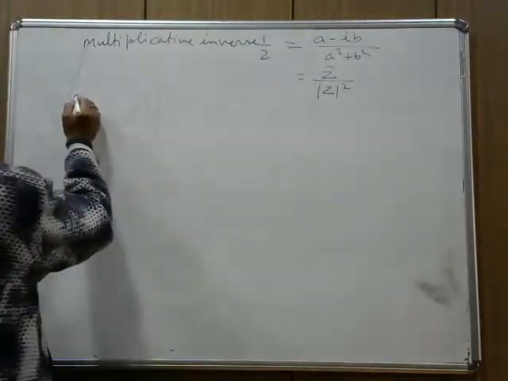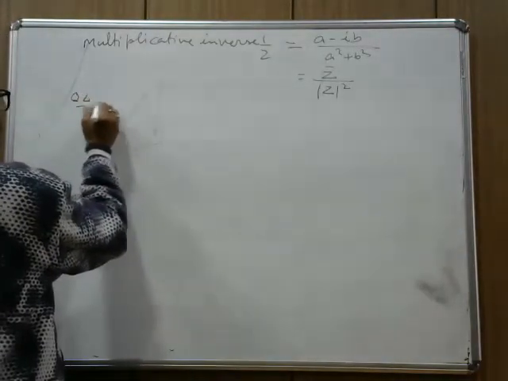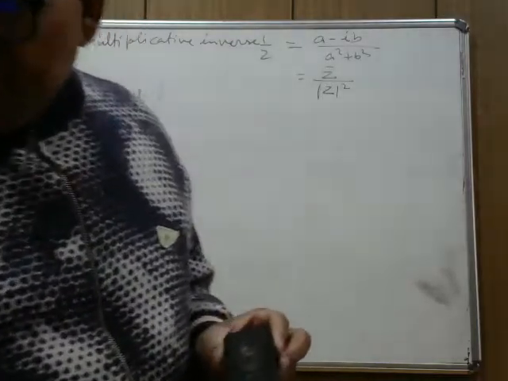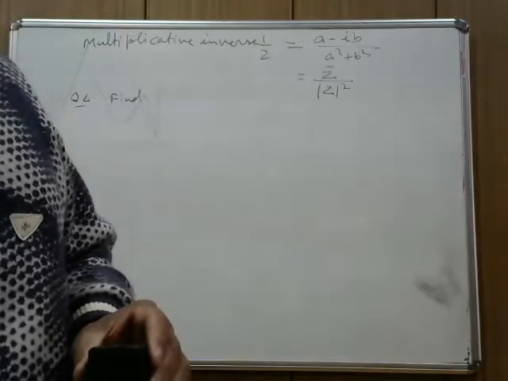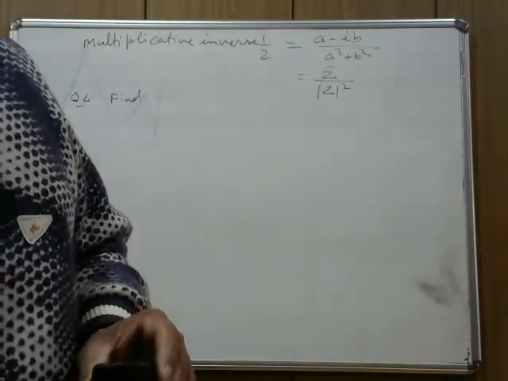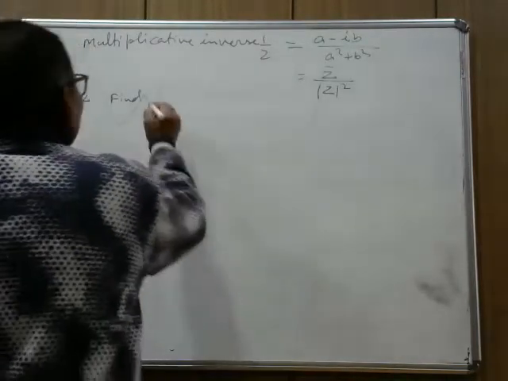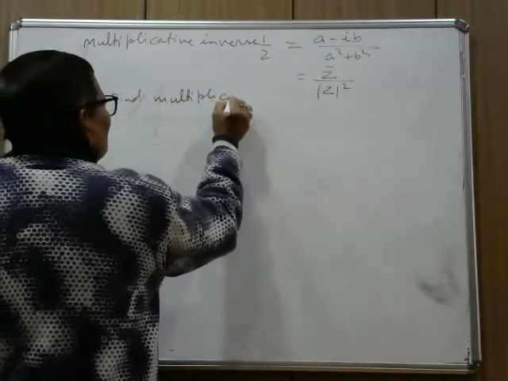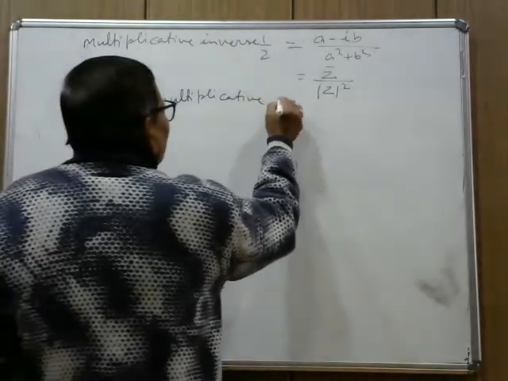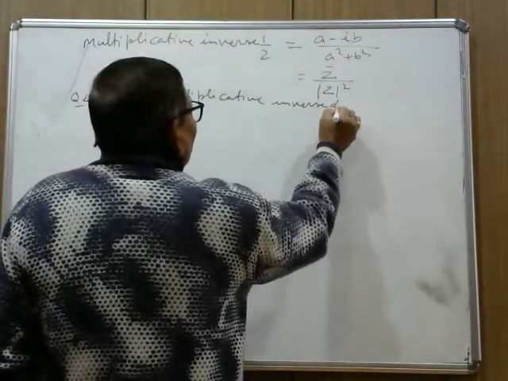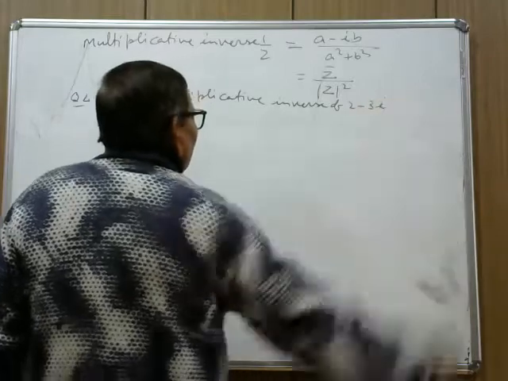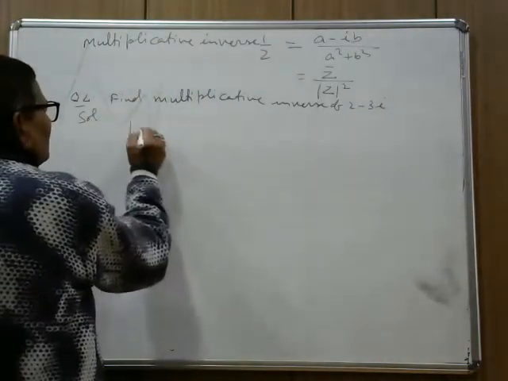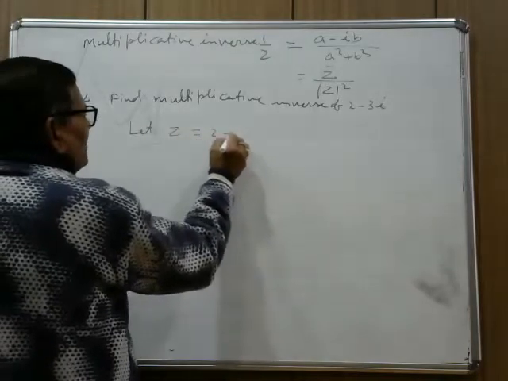Now question: find the multiplicative inverse of 2 minus 3i. So let z equal 2 minus 3i.